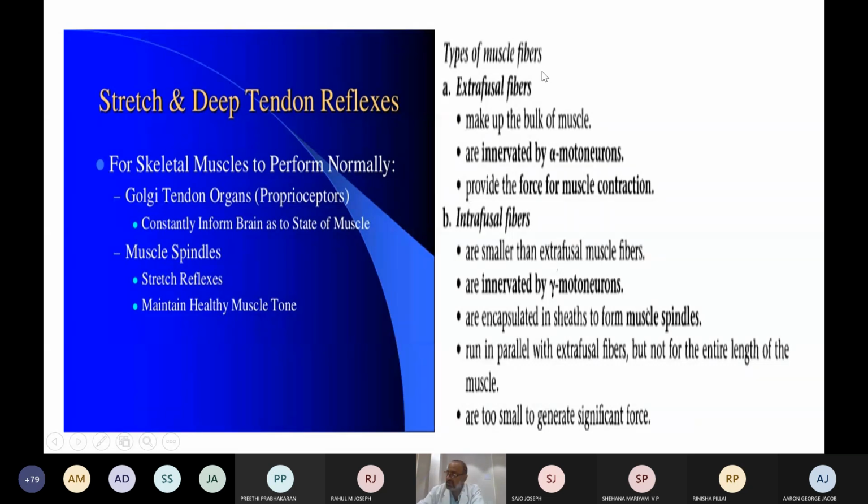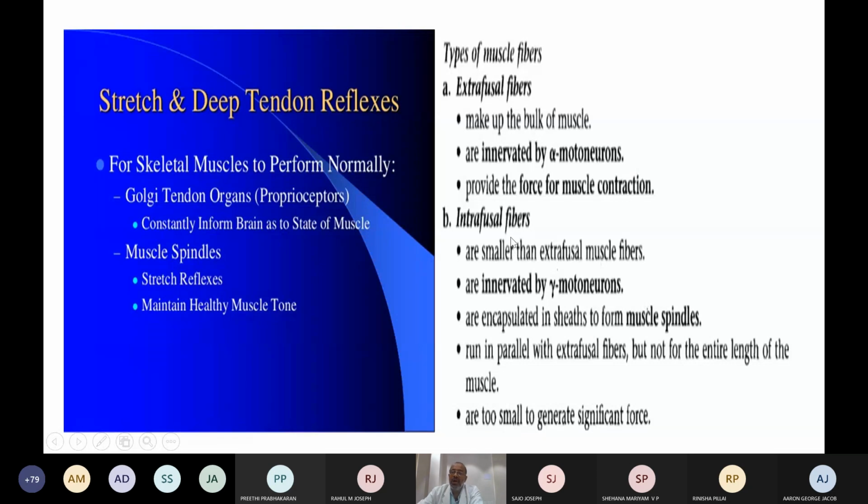So you have to know the muscle fibers, extrafusal and intrafusal. Extrafusal muscle fibers make up the bulk of the muscle, and they are innervated by alpha motor neurons. They provide force for muscle contraction.